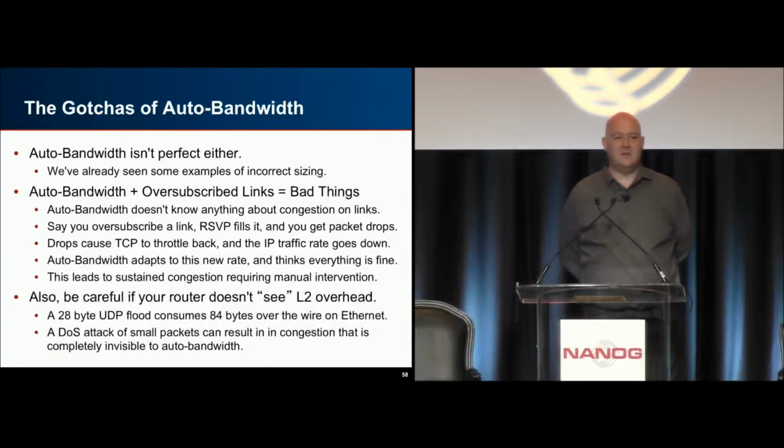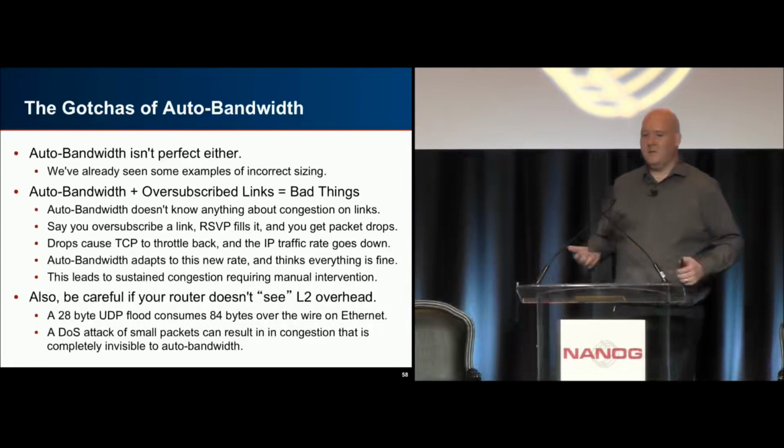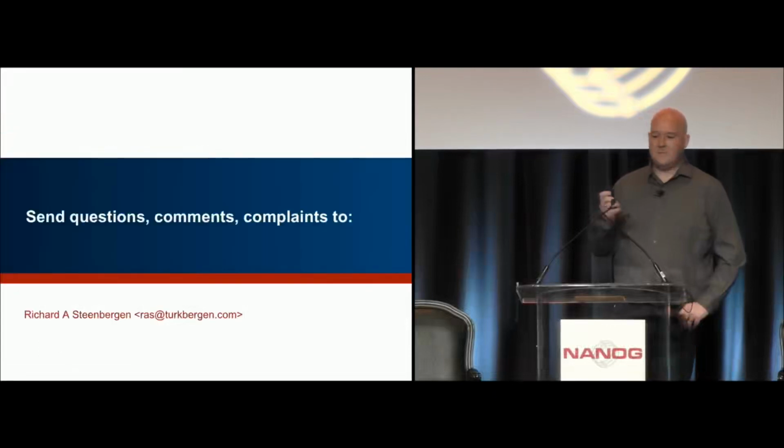It doesn't really know what the lower layer protocol is, what the Ethernet overhead is. So if you're sitting here thinking, oh, I'm passing 3 gigs of traffic, 5 gigs of traffic on a 10 gig link, I'm great. No, you're actually completely congested and you don't know it because of Ethernet overhead that never has a way to make it back into MPLS. So it's something to watch out for.